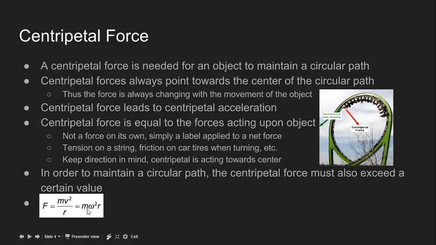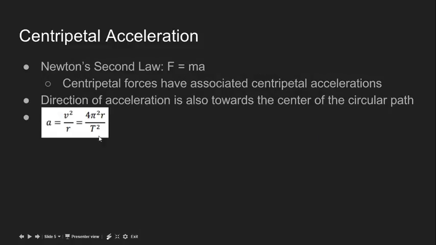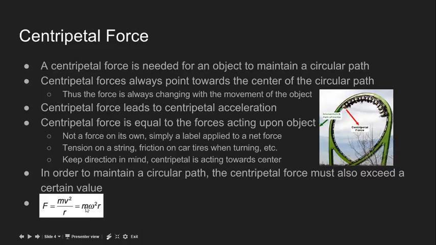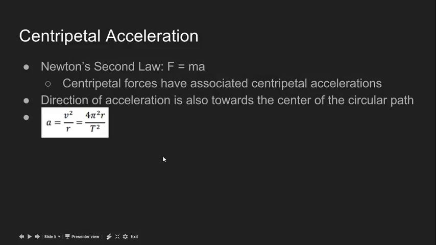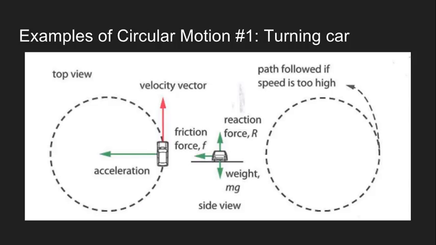And then that second part of the equation right here, the 4 pi squared r over t squared, that's just them substituting in for the omega squared, the angular displacement. Because the centripetal force itself is directed towards the center, your acceleration is always going to be directed towards the center as well. So let's move on to our first example.